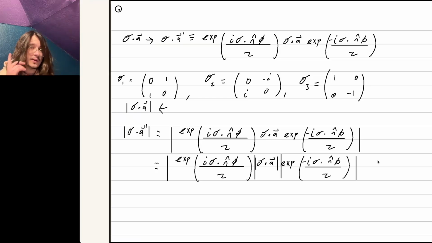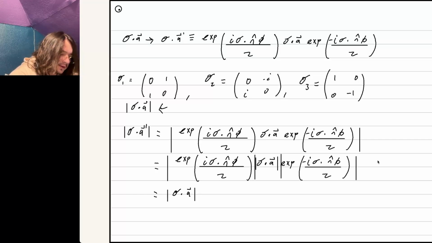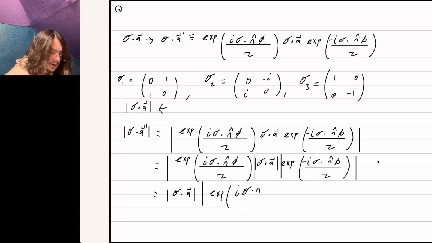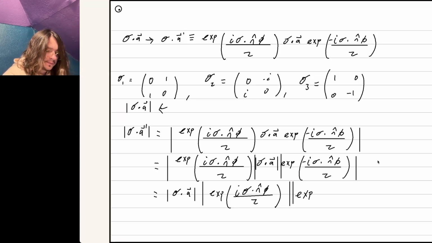And then you can also reorder that because these are all scalars now. So now you have sigma dot a there, and I'm going to put these guys next to each other for no particular reason, because we're going to evaluate each determinant separately.